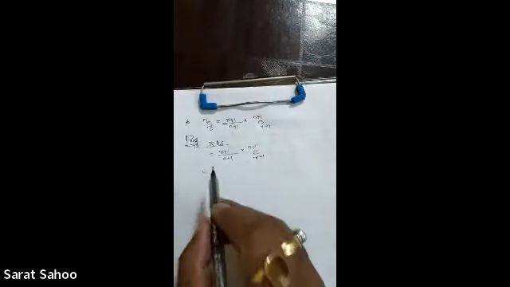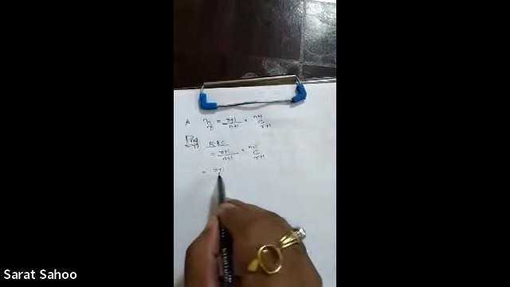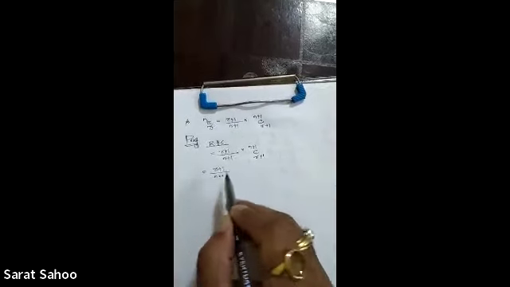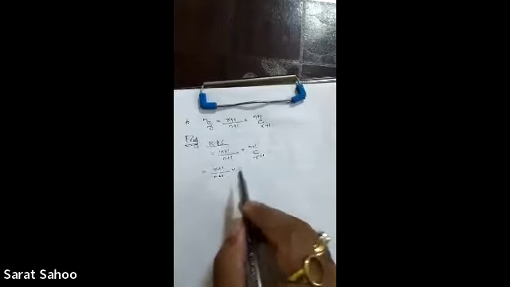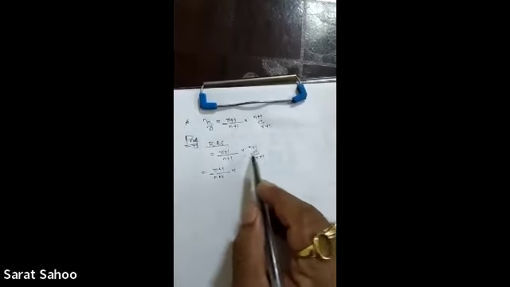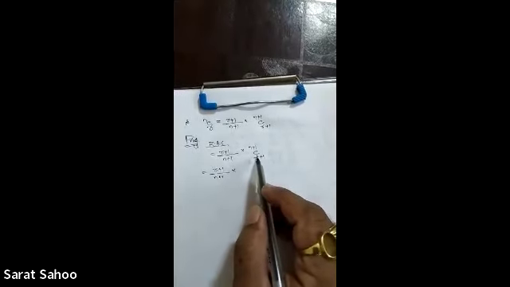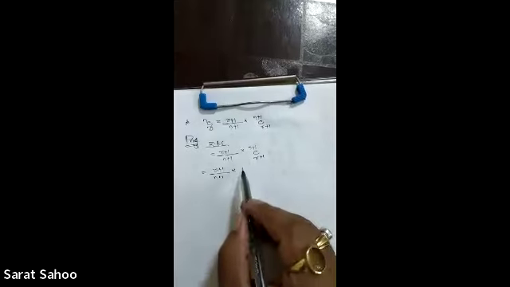This is equal to (r plus 1) upon (n plus 1) into, by the previous theorem, nCr is equal to n by r into (n minus 1)C(r minus 1).